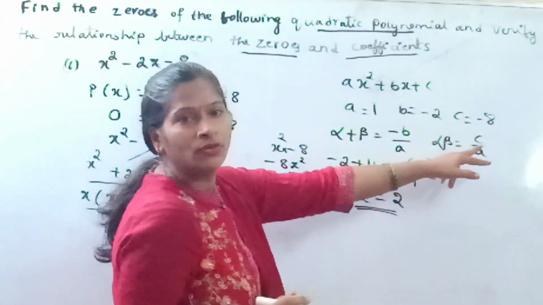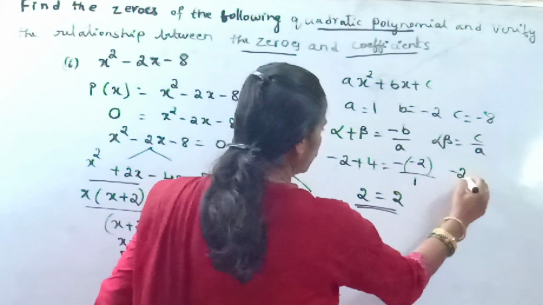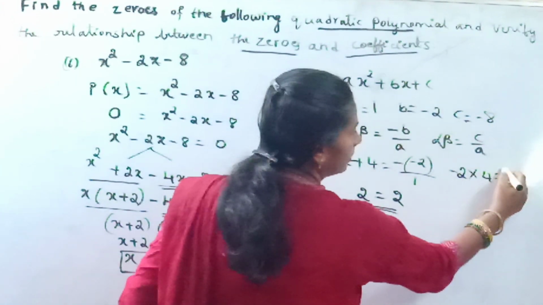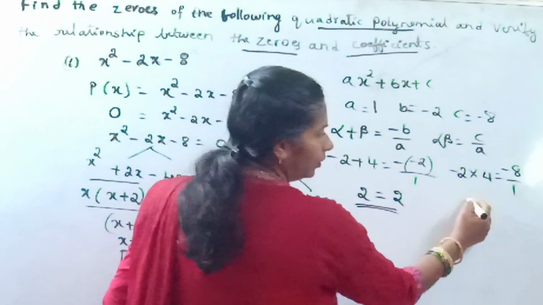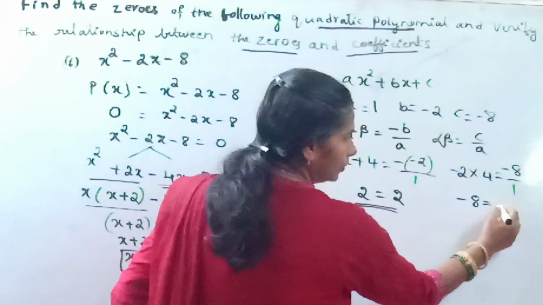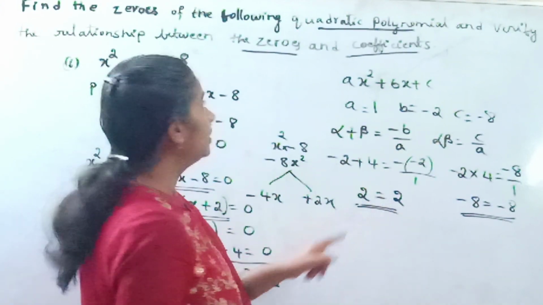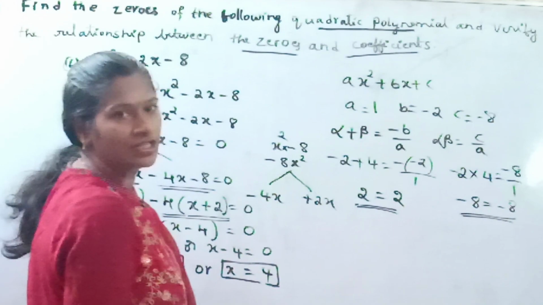Alpha beta is equal to c by a. So alpha is minus 2, beta value is 4, is equal to c, minus 8, divided by 1. Minus 2 into 4, it is minus 8, is equal to minus 8. So LHS is equal to RHS. Thus we have verified the relationship between the zeros and its coefficients.